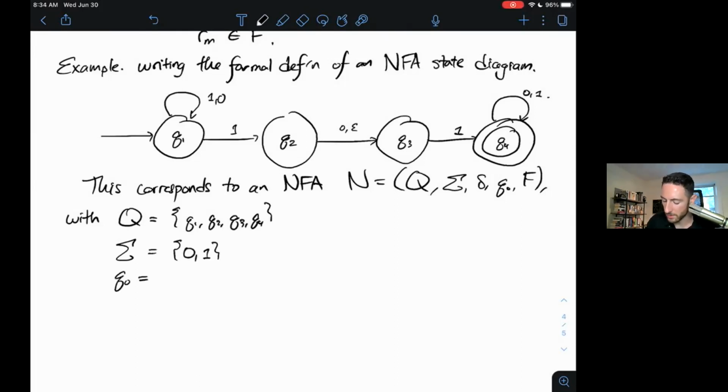Q0 is just our start state, Q1. F is the set of all accept states, so just the set containing Q4.